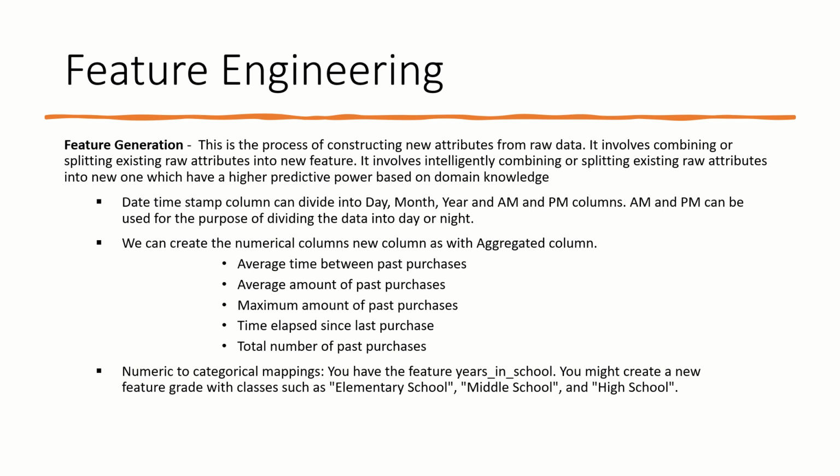This involves intelligently combining or splitting existing raw attributes into ones which have higher predictive power based on domain knowledge. So if sales data is given to me, as mentioned earlier, if the date and time stamp is available, I may divide it into day, month and year. This will tell me in which year my sales was the highest, or which month my sales was highest.